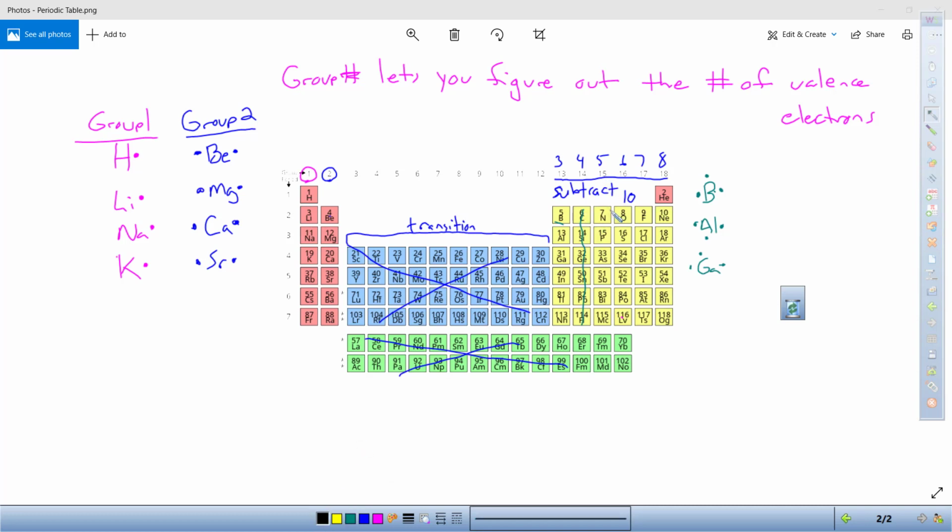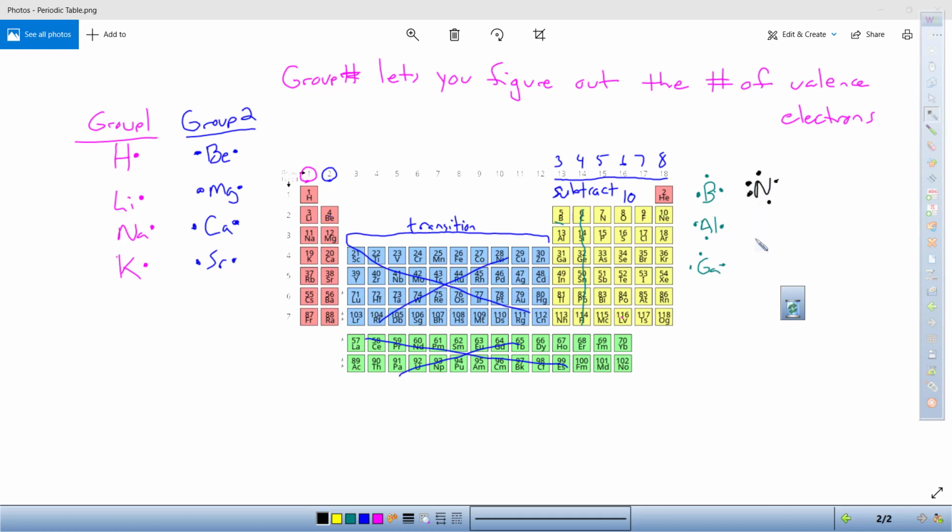So group 5, well, the same idea. It's group number 15, but we're going to subtract 10. And so it has 5 valence electrons. So nitrogen, 5 valence electrons, we want to keep them far apart. But once we do 4, now we have to double up. And so we're just going to double up any of them.